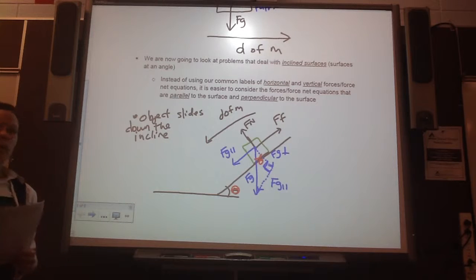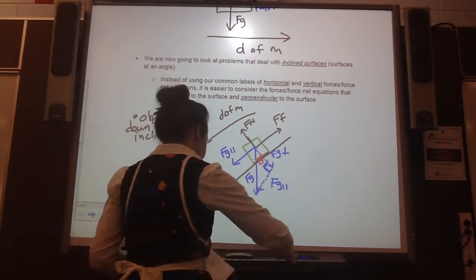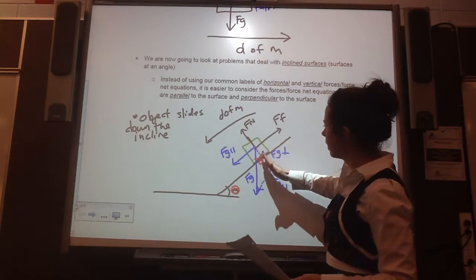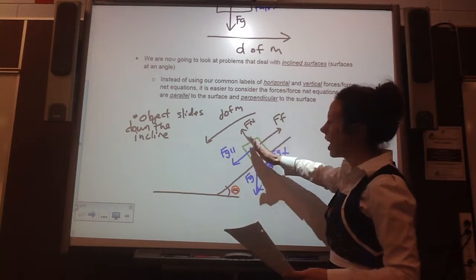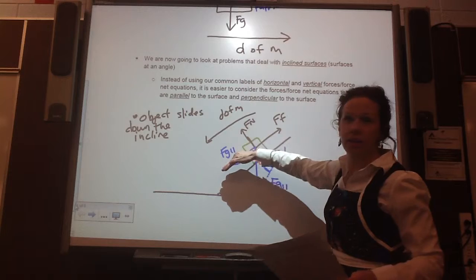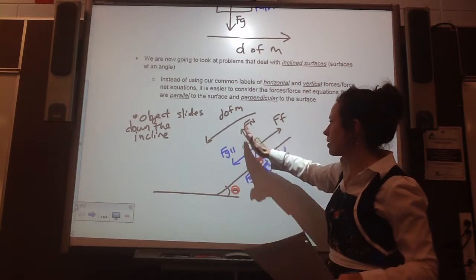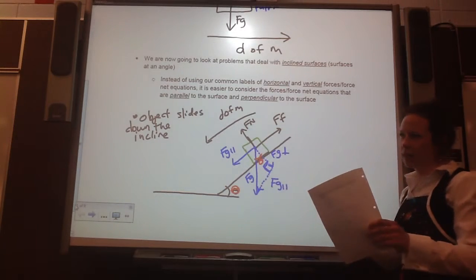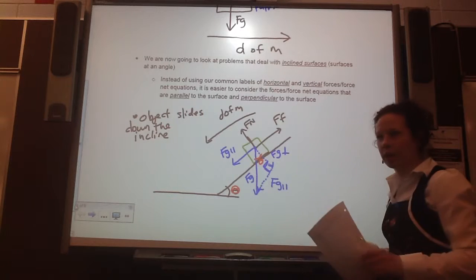Now, when we find our F-nets, we look at F-net parallel and F-net perpendicular, which is essentially what we think of as our y-axis and x-axis, because this is kind of our horizontal and that's our vertical. So we can just tilt your head.